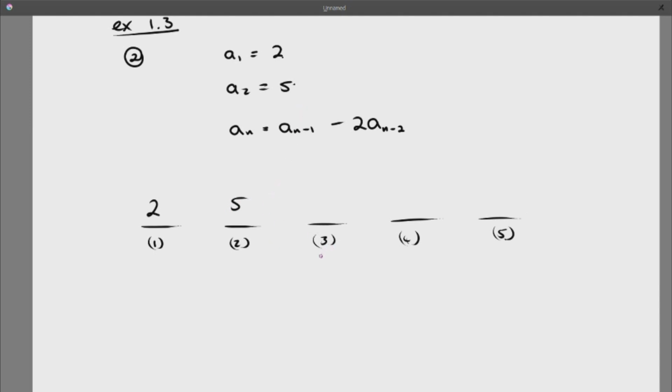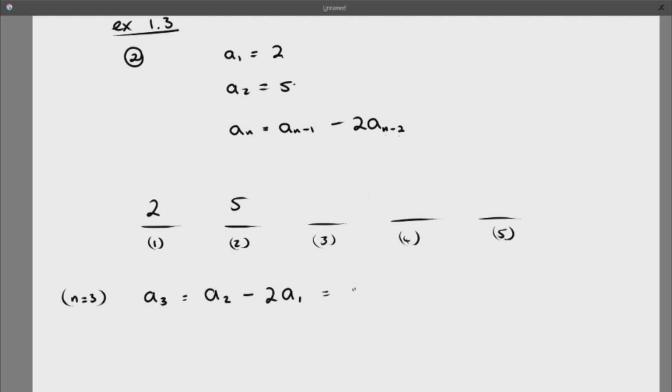If I want to find the third one, I am looking at n equal to 3 temporarily to find a3. To do that, it says use a(3 minus 1), minus 2 times a(3 minus 2).